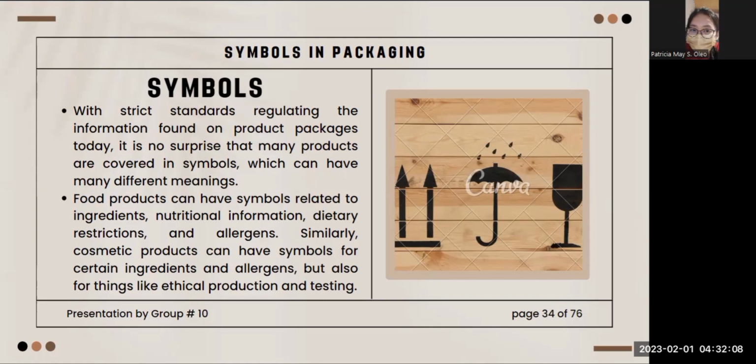And also, yung mga cosmetic products, if you would look at it closely, meron yun sa likod or sa baba ng mga, siguro, lipsticks, example, na mga symbol for certain ingredients and allergens, tapos meron din nakalagay na shelf life. So, ethical production, etc. So, doon mo malalaman if cruelty-free ba yung mga brands na yon.